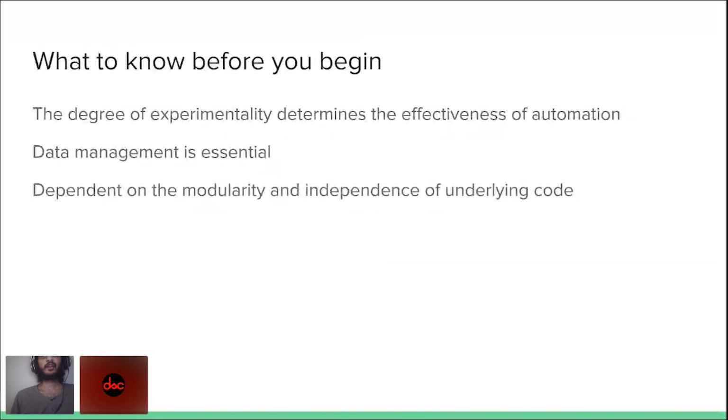We're going to need to lay out some things up front, which is that the ability for you to automate this process is highly dependent on the degree of experimentality that you're going to be implementing within your technique or your team's technique.